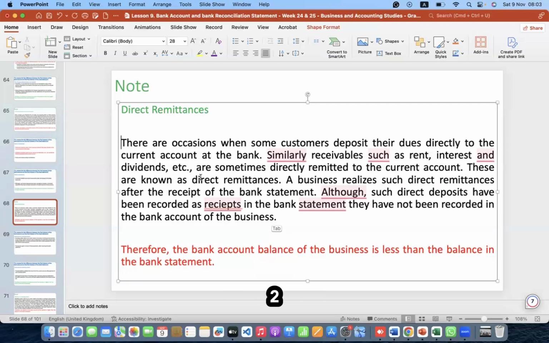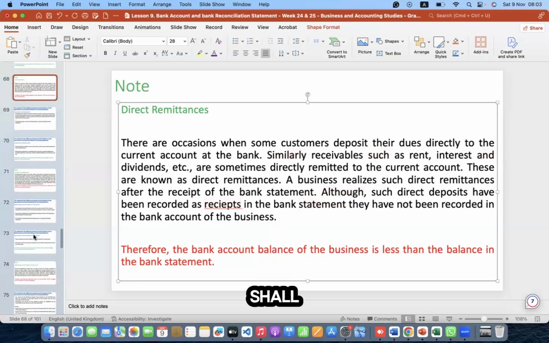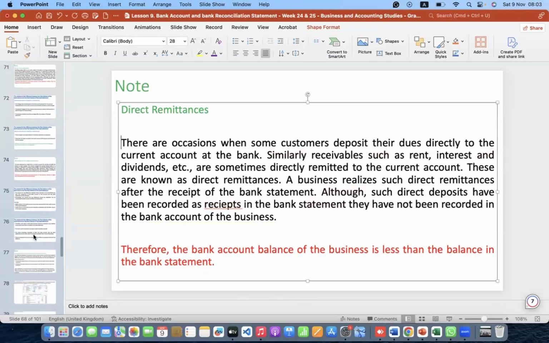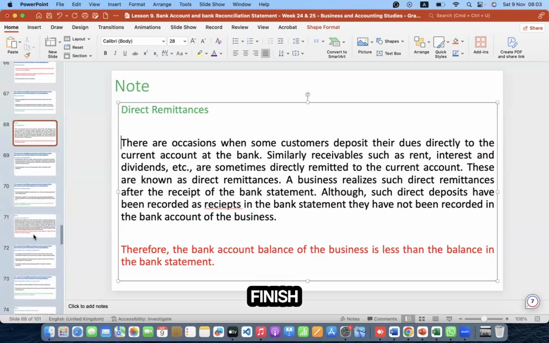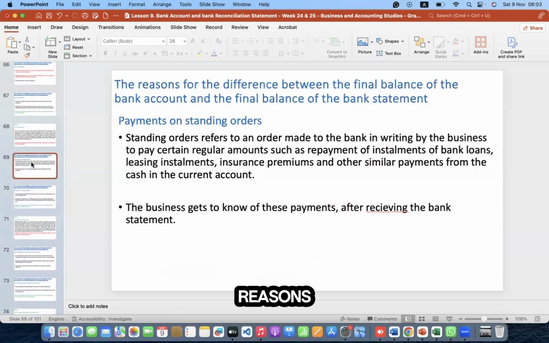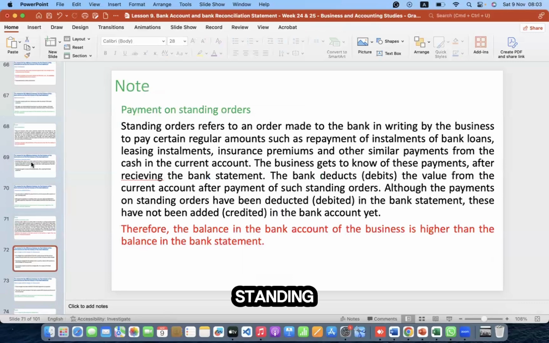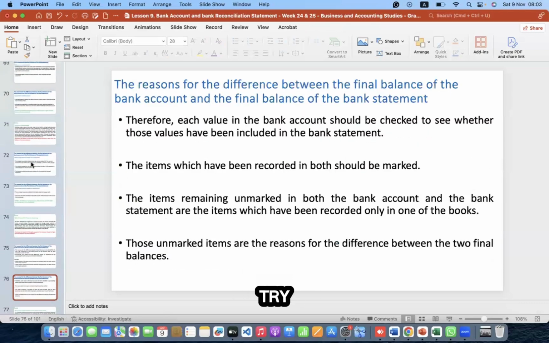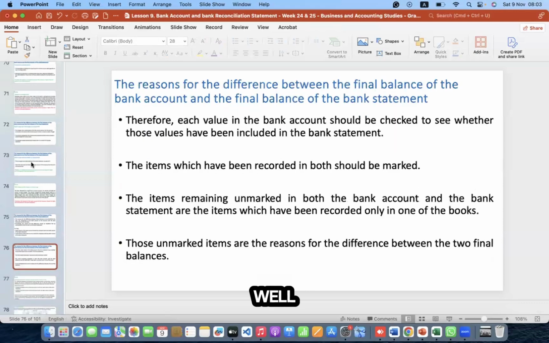Okay, take about 2 to 3 minutes and please write this. So we have quite a lot of things to do. We'll try to finish these few reasons. Okay, placement on standing orders and bank charges. We'll try to finish off these two as well.